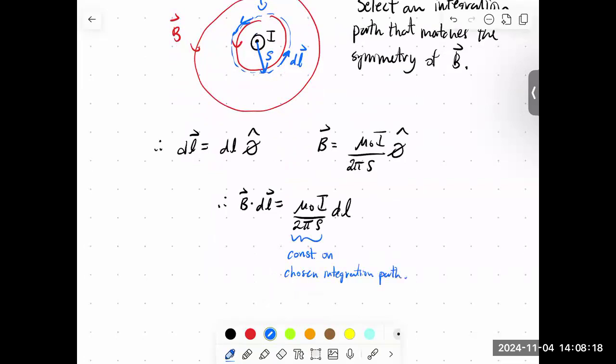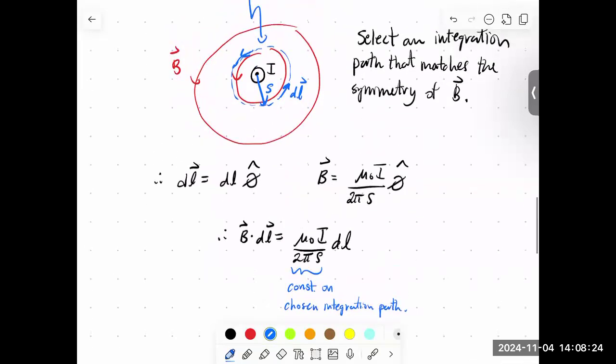These features of our choice for this integration path are things you're going to want to look for when we get to Ampere's law. You want to be able to evaluate this dot product easily. So you want your dL and your B to either be perpendicular, so that the dot product is 0, or parallel, so the dot product is just the product of magnitudes, regular multiplication. And then you want as much of the stuff in here to be constant as possible so that you can pull it outside the integral.